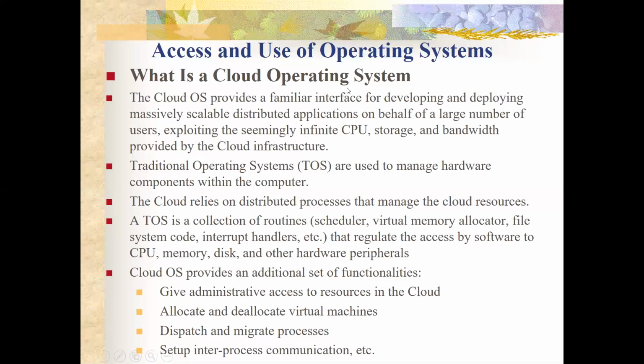What does a cloud computing operating system handle in this kind of thing? A cloud operating system provides an additional set of functionalities. First, give administrative access to resources in the cloud. Second, allocate and deallocate virtual machines.